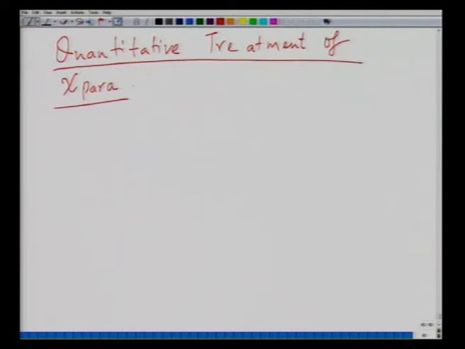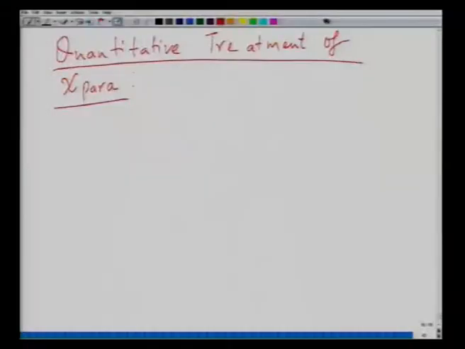Now, the quantitative treatment of paramagnetic susceptibility is similar to what we did for orientation polarization. So essentially here we assume that each of these atoms has a finite magnetic moment mu m, and this mu m is finite, but its direction can be random. So within a material, all these mu m's can be in various directions.